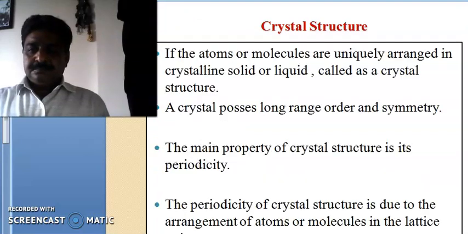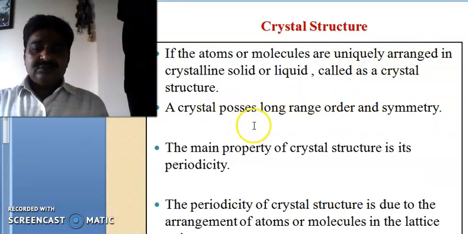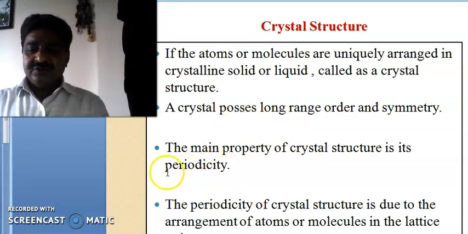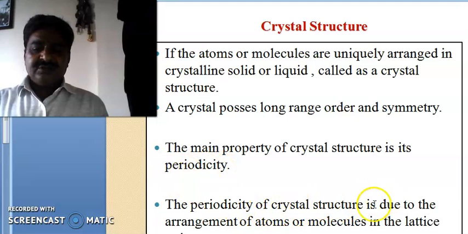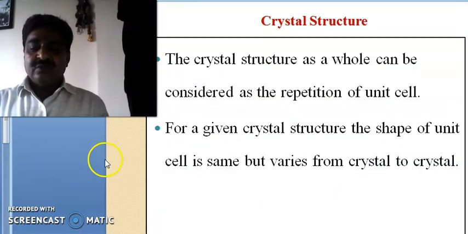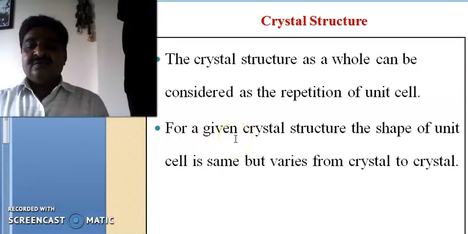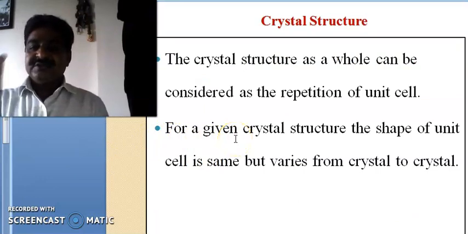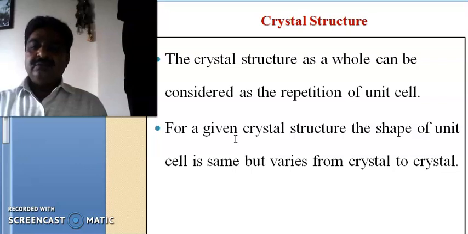What is crystal structure? The main property of crystal structure is periodicity, due to the arrangement of atoms or molecules in the lattice points. We have also seen that for a given crystal structure, the shape of the unit cell is the same, but it varies from one crystal to another. The remaining matter we discuss in the next lecture.